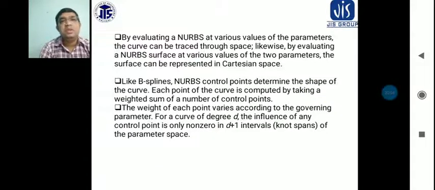By evaluating a NURBS at various values of the parameter, the curve can be traced through space.